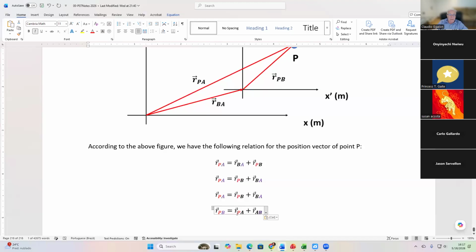Suppose that we have the position of point P with respect to referential A, and I want to convert it to the position of point P with respect to referential B. So R_PB: P here in the first vector, B in the second vector, and sandwiched in between, we have the referential A.